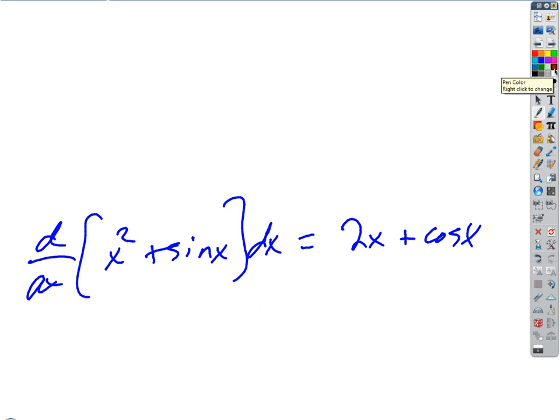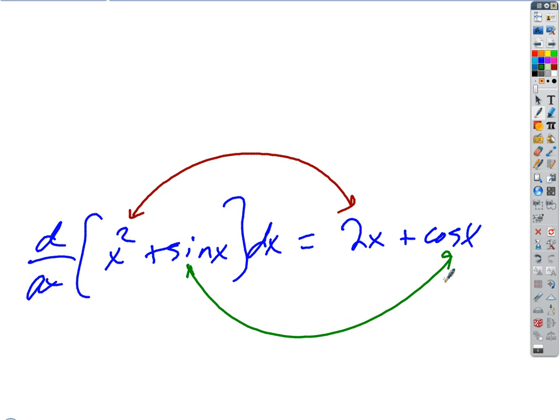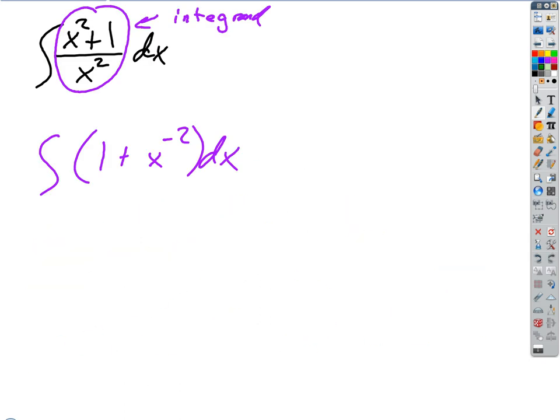Okay, I ought to be able to anti-differentiate each of these terms separately and map them back to those starting terms, right? Call that a red arrow that goes there, and a green arrow that goes there. It's a two-way arrow. This direction means differentiation, this direction means anti-differentiation. But because the red arrow always goes to the red terms and the green arrow always goes to the red terms, I ought to be able to do my same trick up here, shouldn't I?